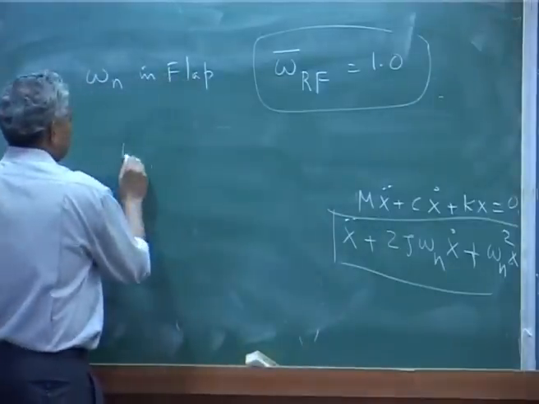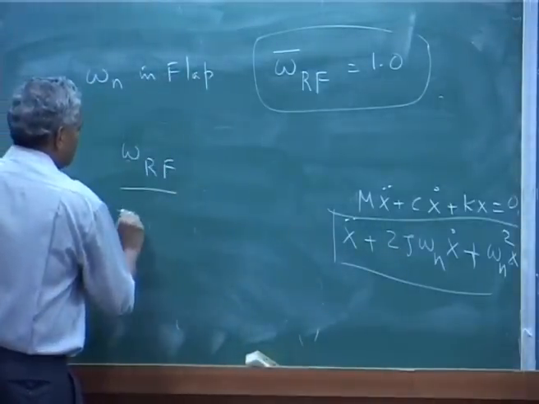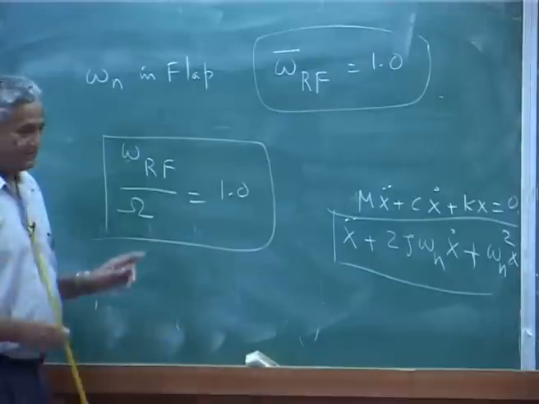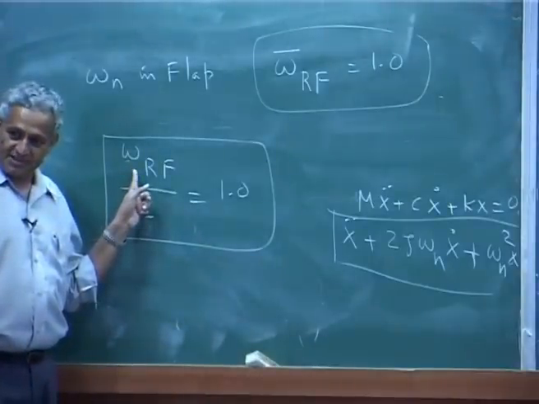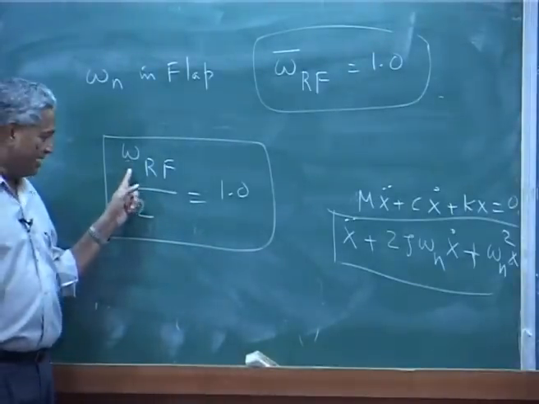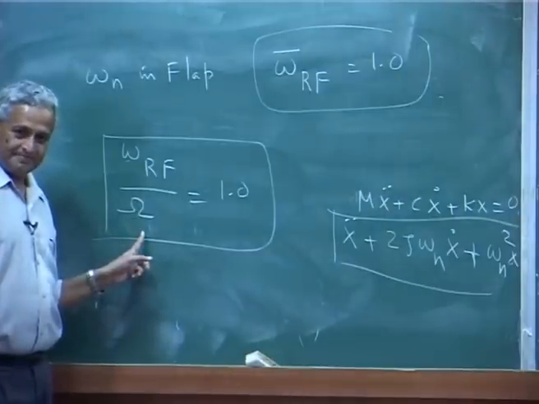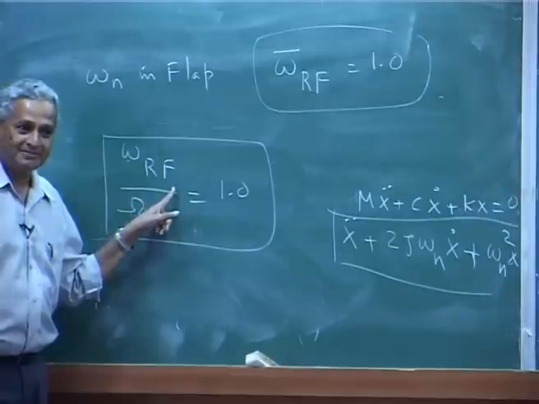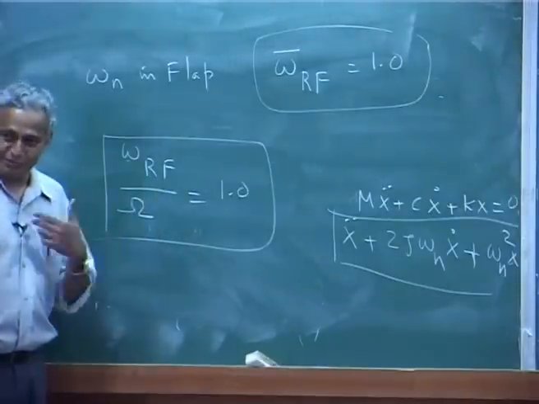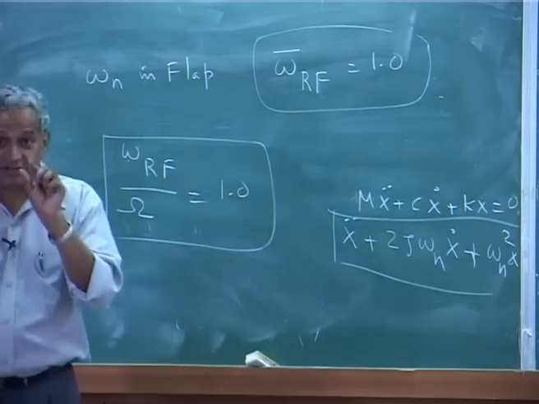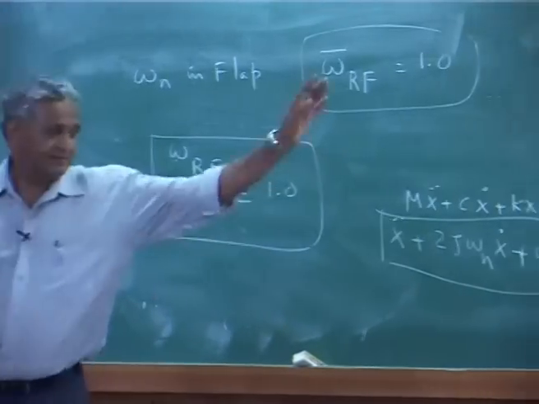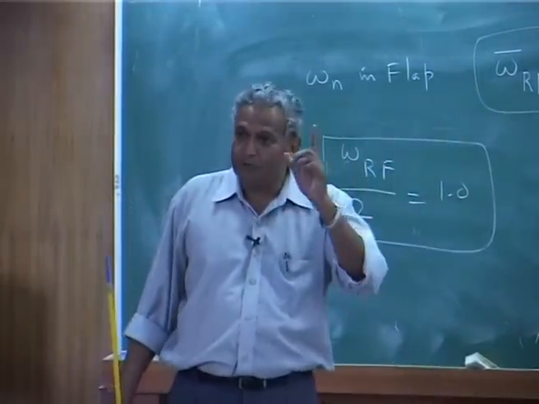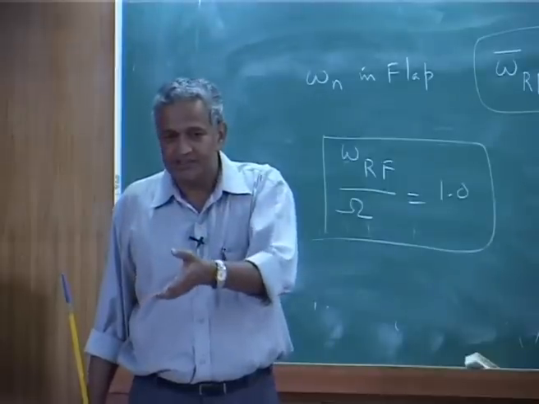So you may call it omega Rf over capital omega. This is the natural frequency of the blade in flap, non-dimensionalized with respect to omega, and Rf to denote rotating flap. Please understand, Rf I am using the subscript only to denote rotating flap. If it is non-rotating, there is nothing, then it will just come down, that's all. Okay. So the centrifugal force actually gives the stiffening.